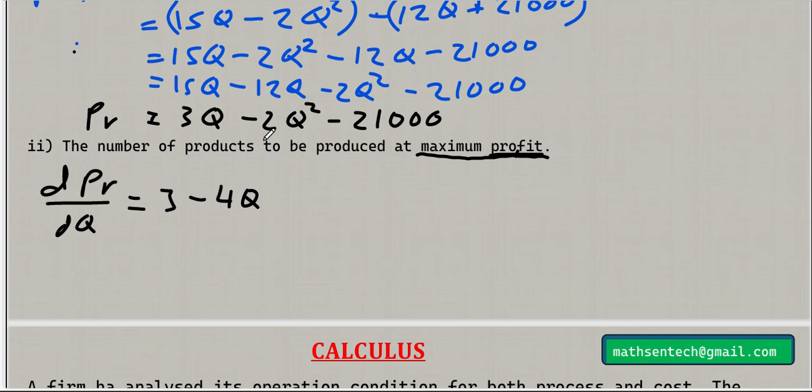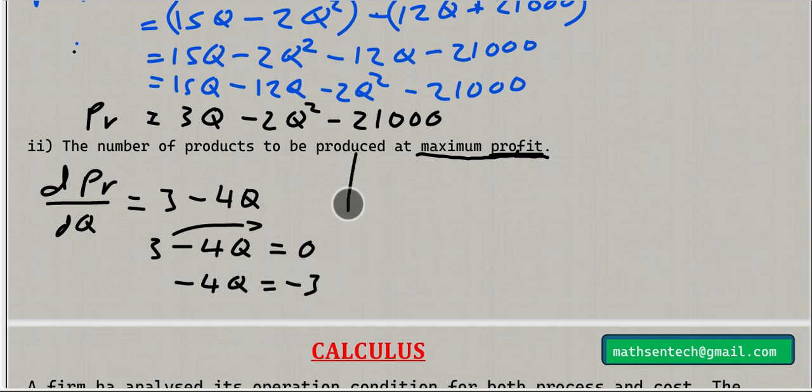So what is the number to be produced at maximum profit? Once you've differentiated, you equate it to 0. So equate this function to 0, so that you have 3 minus 4q is equal to 0. Take 4q to the other side, so that you have negative 4q is equal to negative 3.